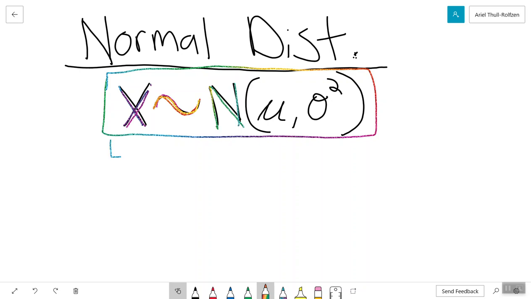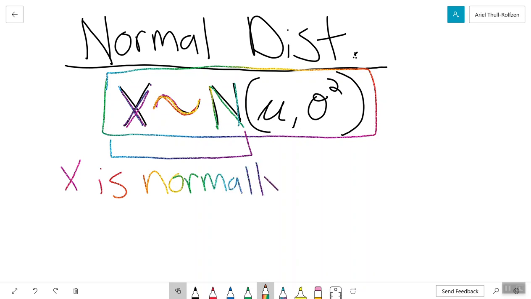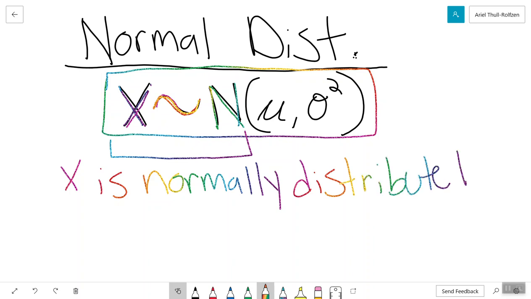So this portion right here, x is normally distributed. And we're going to continue this in a second once we break down this part right here.